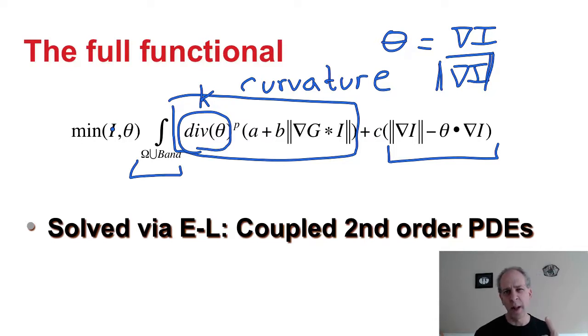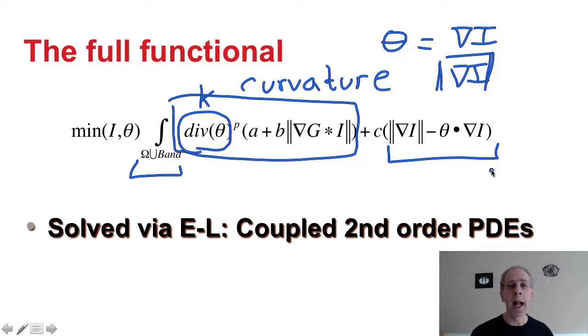So instead of one equation as we had before when we knew theta, you get two equations, one evolving I, the other evolving theta, and you're solving both of them at the same time. It's like fixing one for a short time, solving for the other, fixing the other, solving for the first. Then you iterate and you get this coupled partial differential equation on both I and theta.